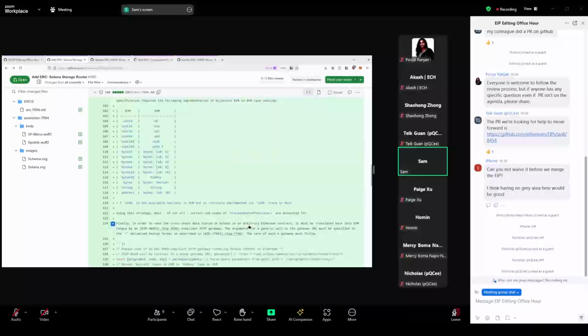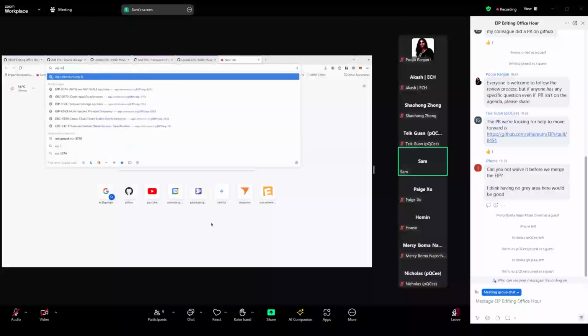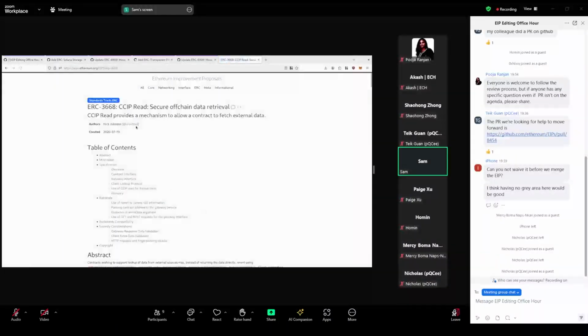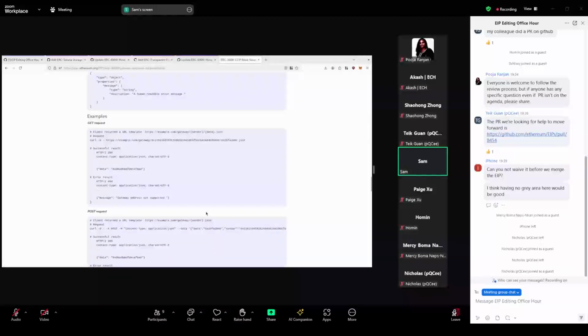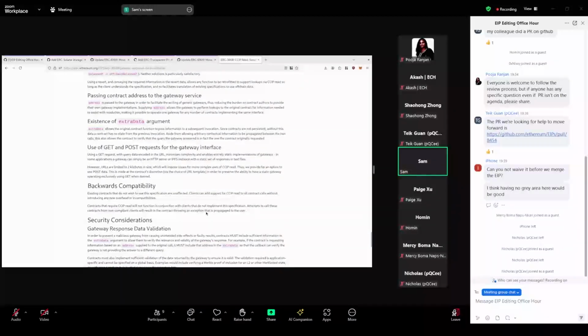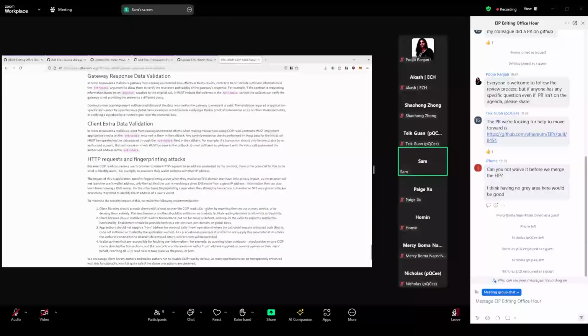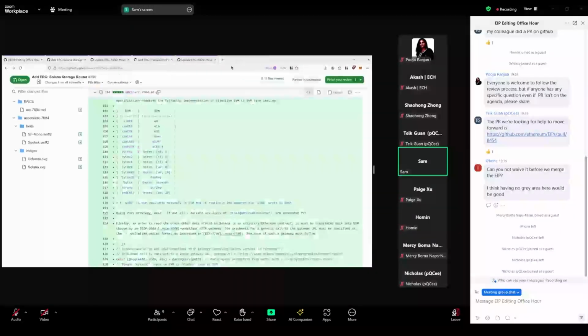Okay, in order to read cross-chain data stored in it, they must be translated back into EVM format by the. Okay, what is 3668? EIP 3668. CCIP secure. Yeah. Okay. Provide malicious gateway. Yeah. Contracts must include sufficient information. Yeah, that's what I thought. Okay.